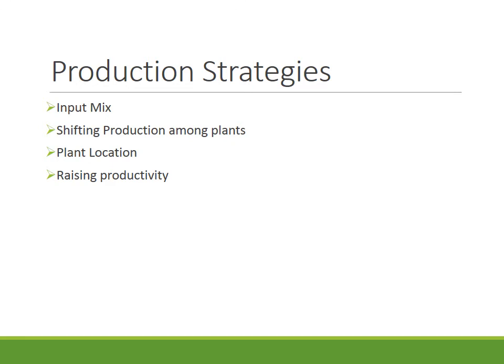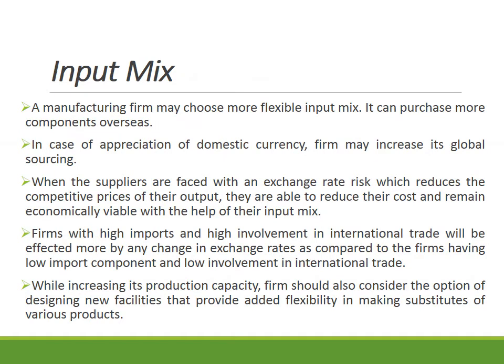Next are production strategies. They include input mix, shifting production among plants, plant location, and raising productivity. First is input mix. A manufacturing firm may choose a more flexible input mix. It can purchase more components overseas.